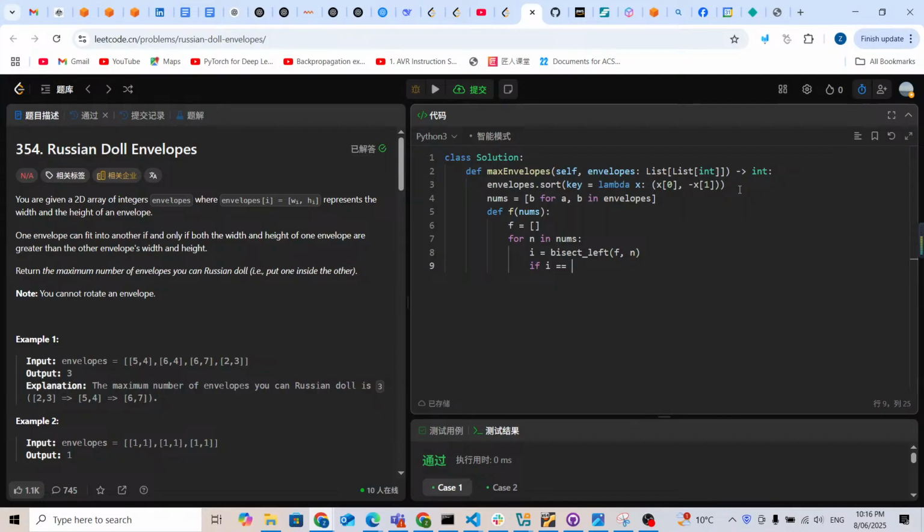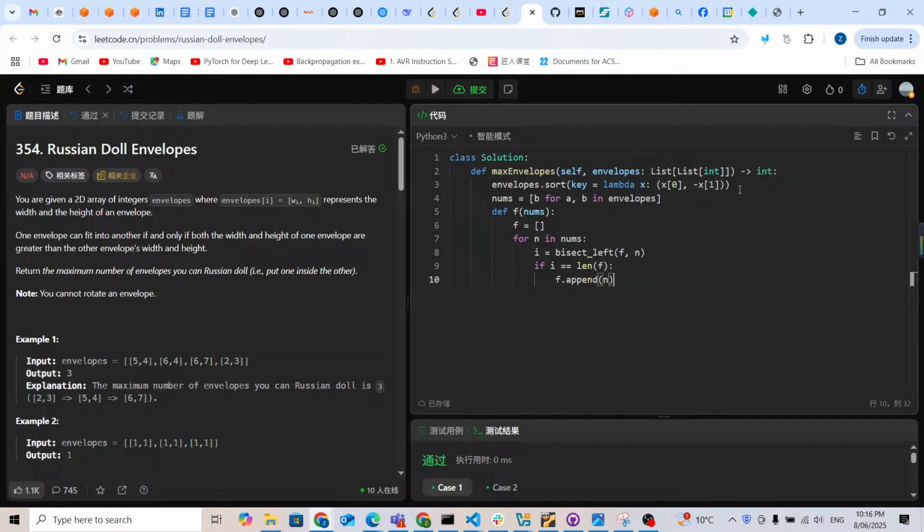If i equals the length of the f array, we can directly append this number. Otherwise f[i] is going to equal n, and we're going to return the length of the f array. Finally, we just need to get the final answer. We're going to return f with the nums array, because f is for calculating the longest increasing subsequence, and nums is for taking out all the numbers after sorting for the second index.